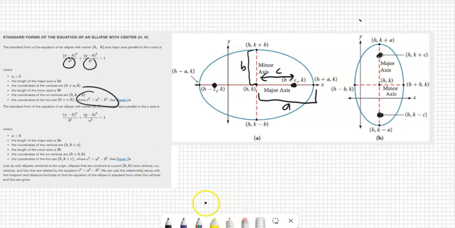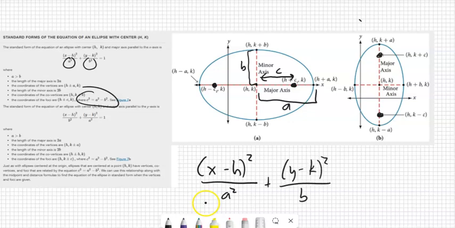So here's what I want you to notice. Our general form, x minus h squared over a squared, y minus k squared over b squared equals 1, always equal to 1.